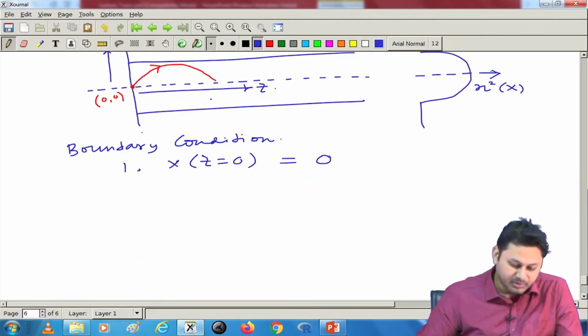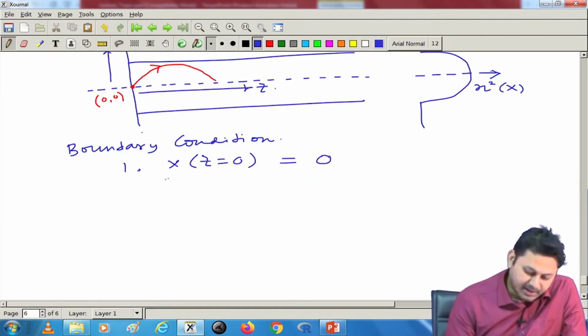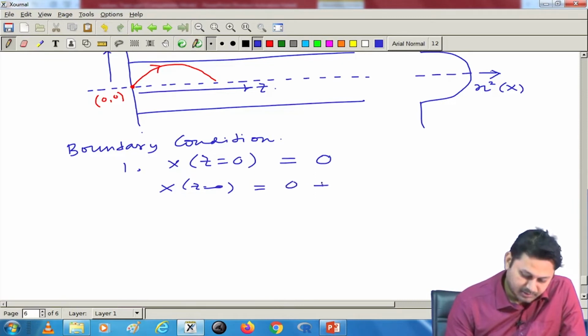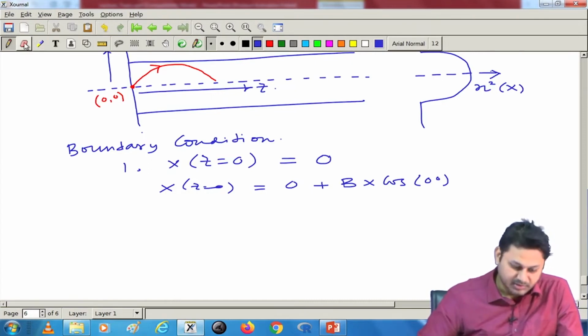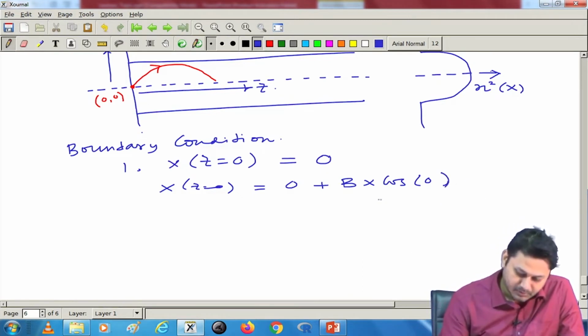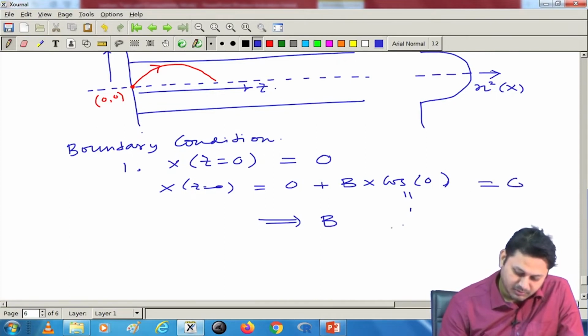So, here if I put that boundary condition, I have x at z equal to 0 is 0 plus B into cos of 0, I should not put degree, it is simply 0, which is 1. So, this quantity is 0, so B is equal to 0.